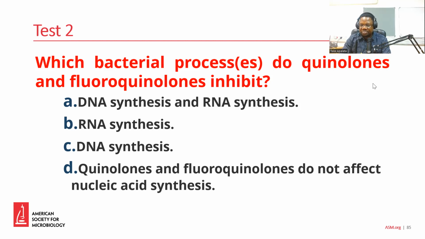We spoke about the supercoiling of the DNA, so we have nothing to do with RNA here with quinolones, so we can also eliminate B. By virtue of that, we can also eliminate A because it contains DNA synthesis and RNA synthesis. So we remain with the correct answer, that is C. It inhibits DNA synthesis by interfering with the enzyme DNA gyrase.